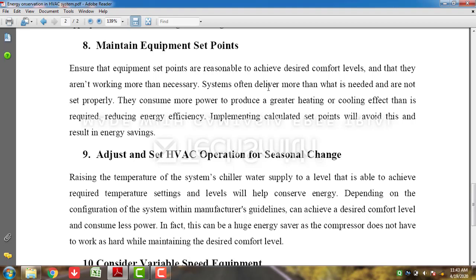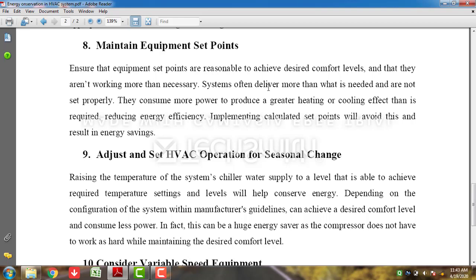Air conditioning is all about comfort, and they shouldn't be working more than necessary. Now this is a general point. If you have an air conditioner installed in one room and you are not in that room, it is quite obvious that you will switch off the air conditioner, right? So these are the points they mentioned and you already know.